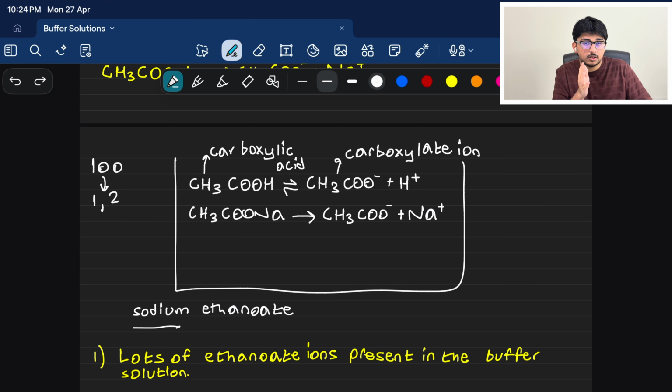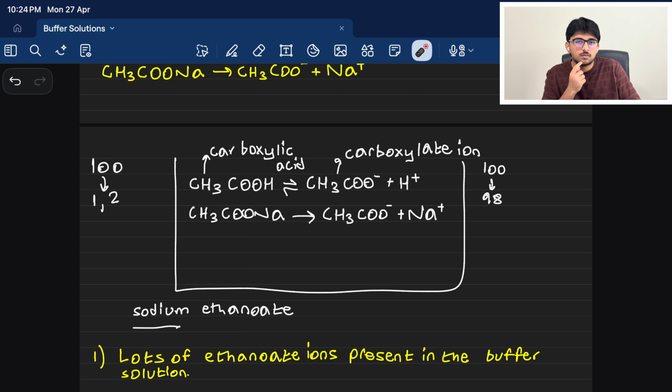How many are left which are undissociated? 98 molecules are undissociated. So before everything happened, you had 100 ethanoic acid molecules, and at the end, you have 98 molecules. Is this change negligible? Of course, it is negligible, right? You start with 100 and you end at 98.